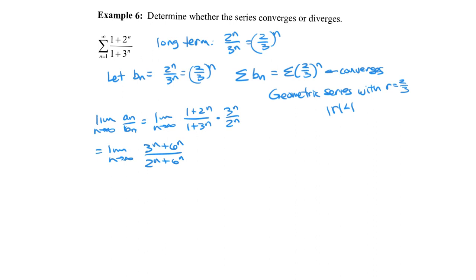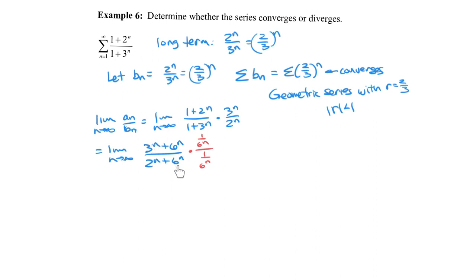Okay, now this is one that is a little unusual. I'm going to do something here that will sort of make sense because it's kind of like what we typically do when we say divide by the highest power in the denominator. This is a little different, but let me try something here and see if you think it will work. 1 over 6 to the n, 1 over 6 to the n. I'm doing this because it's sort of the equivalent of the highest power in the denominator. It's the largest base, right?